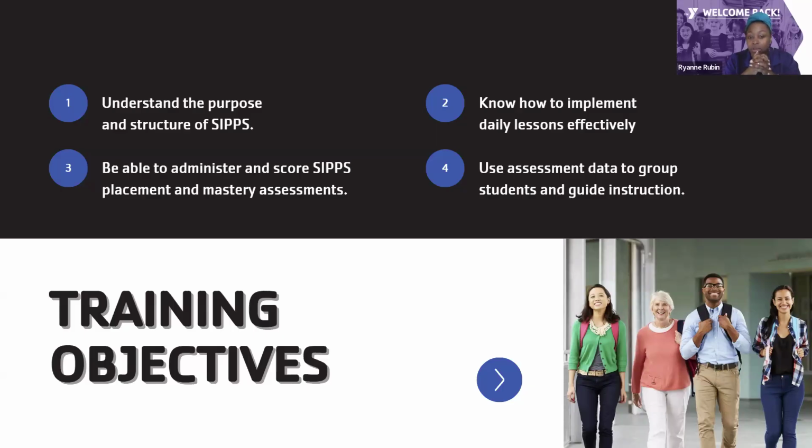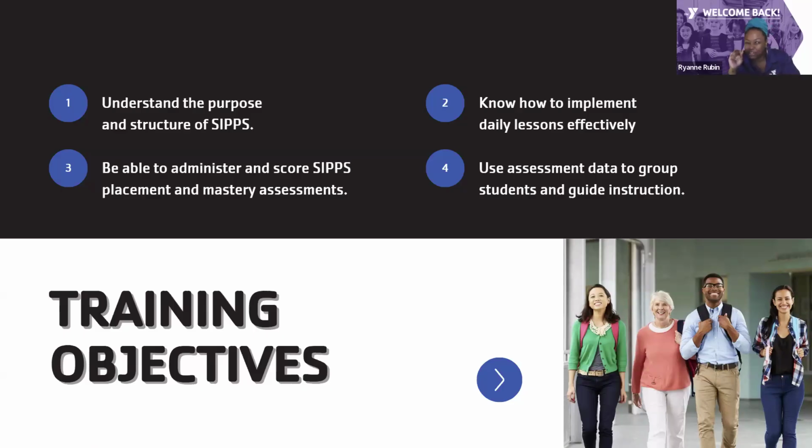But you have access to all of that digitally, and there are printable materials as well that you can use with the curriculum. So if there's anything that you don't have physically at your sites, a lot of those things can be printed if they can't be purchased. All right. In this training, we'll also know how to implement daily lessons effectively.